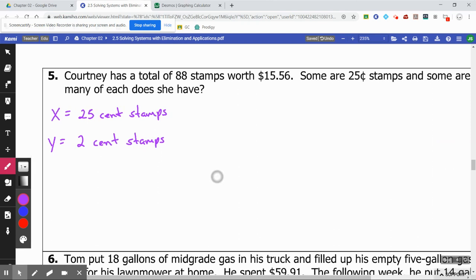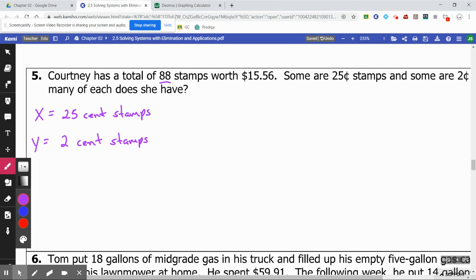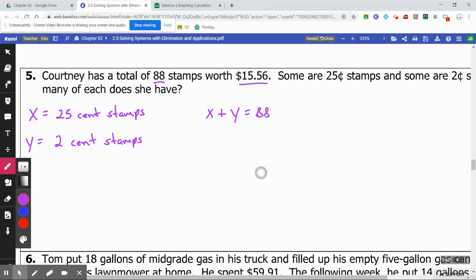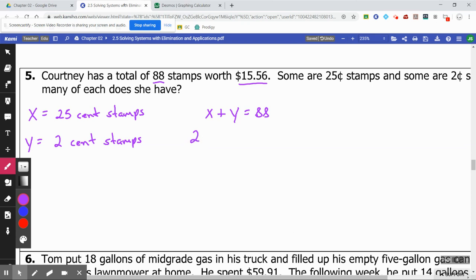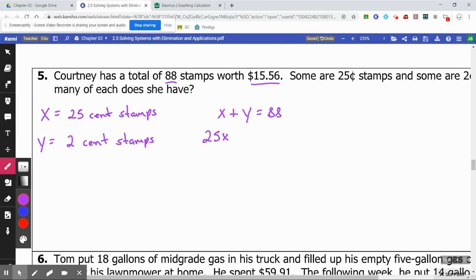So now let's set up some equation. I know there's a total of 88 stamps, so my first thing that I do is I know that if I add my x's and y's together, I'm going to get 88 stamps. They are worth $15.56. Obviously, each 25-cent stamp is worth 25 cents. So if I multiply 25 times x, plus I multiply 2 times y, that will tell me how much total money I have there.